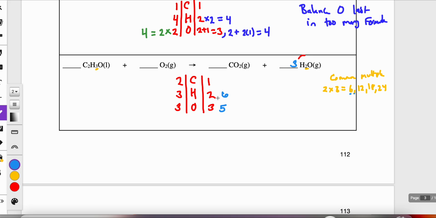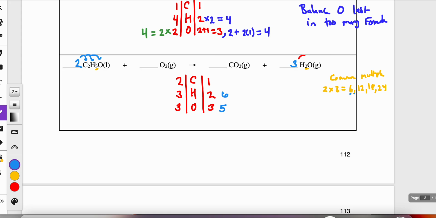So here we go. I now have 6 hydrogens on the right and only 3 on the left. So here's my formula with hydrogen. To change that count from 3 to get it to a 6, I'm going to put a 2 out in front of here. Now, this 2 belongs to carbon, hydrogen, and oxygen. So I have to be careful in my recount.